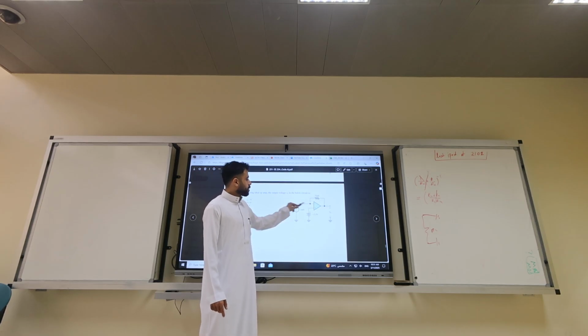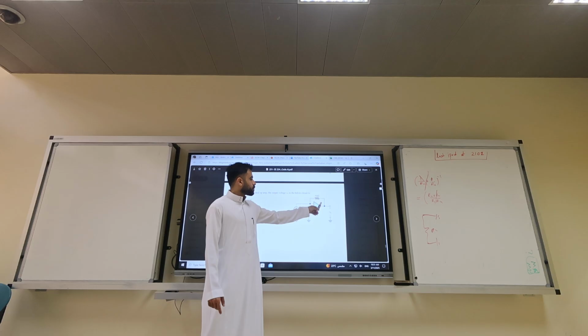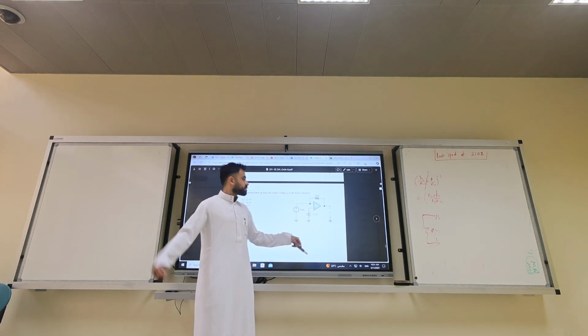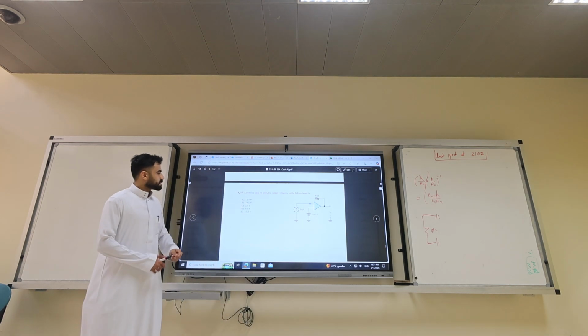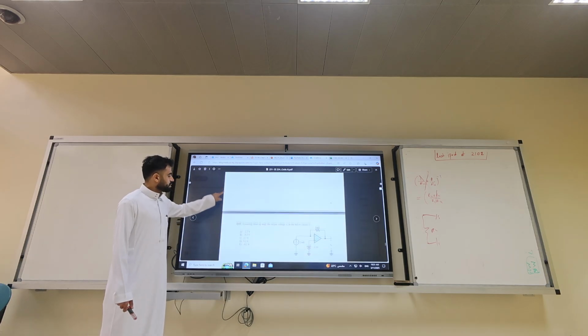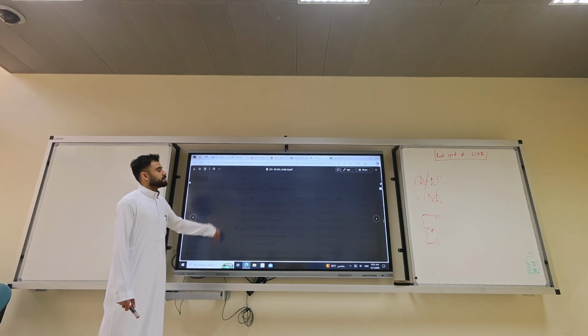Minus 3.3. You know that the whole current will go here, so V output is what? 3 times 2 plus 6 minus 3.3. It's tricky. Which is what? 9.3.